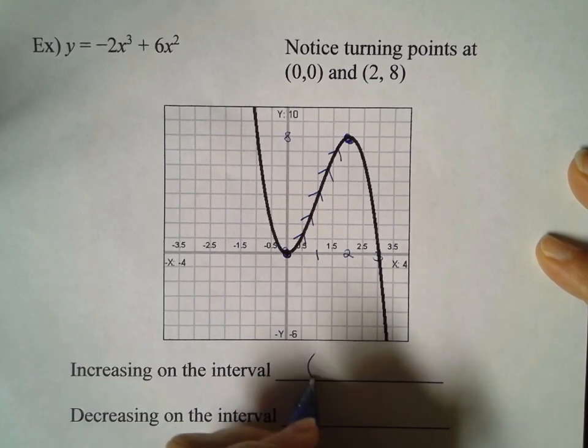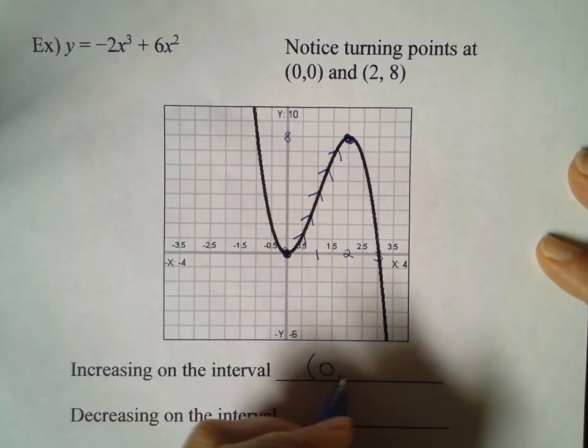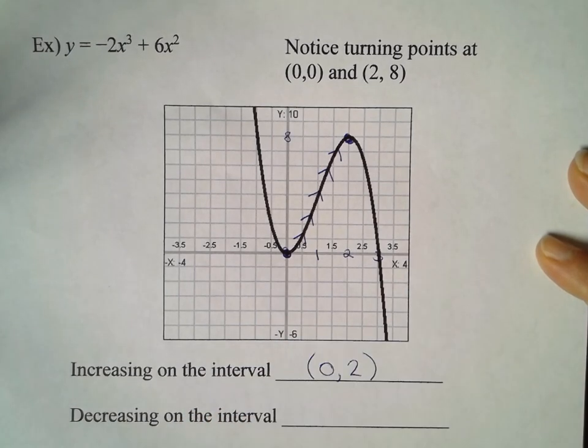So I'm going to say this is increasing from 0 to 2. Please understand this is not a point, which is a common misconception. This is an interval from 0 to 2.